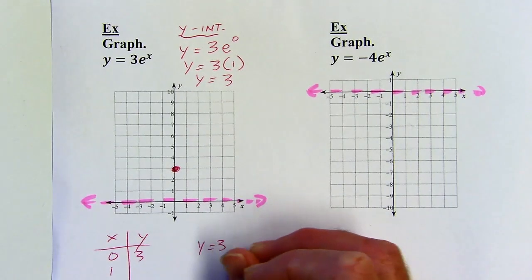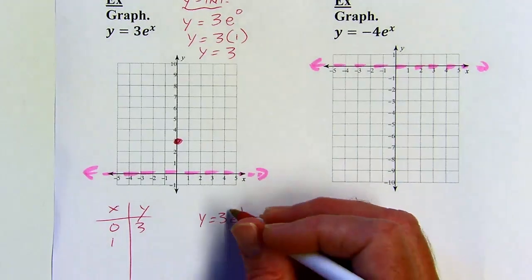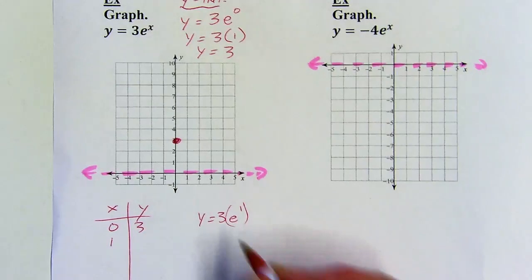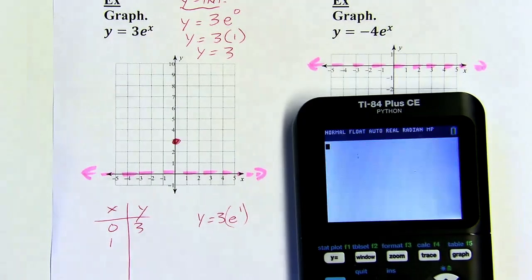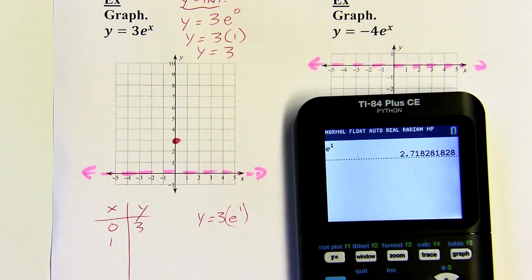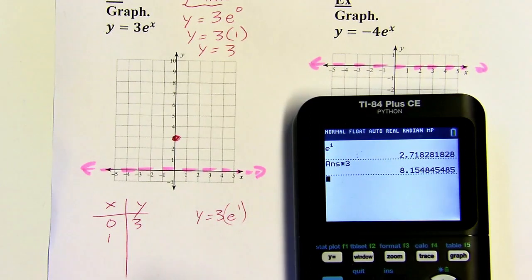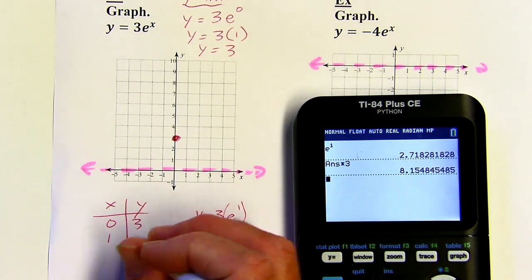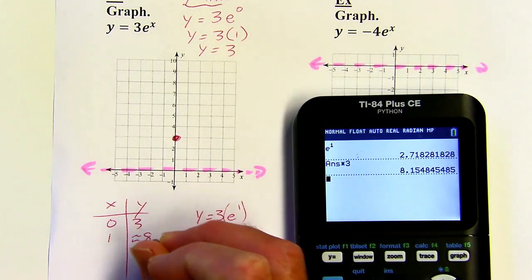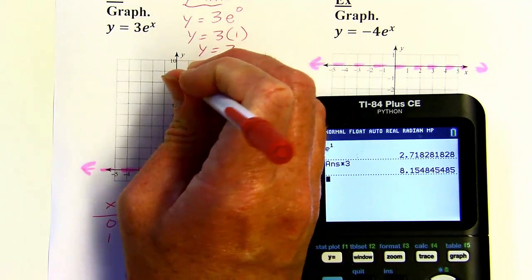y equals 3e to the first, and I'm going to need my calculator for this. I'm going to do e to the first first. E to the first is 2.718, and then I'm going to multiply that by 3, and I got roughly 8.15.